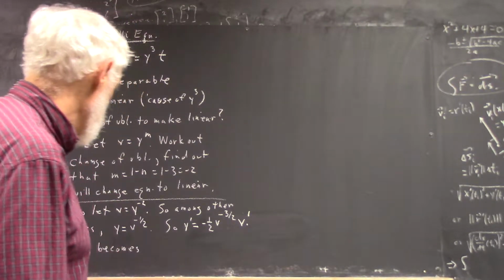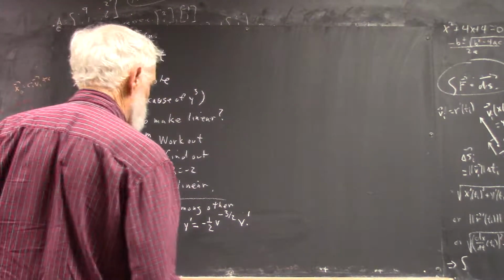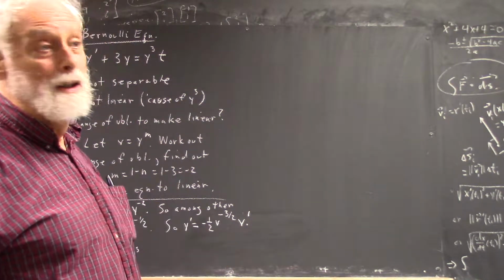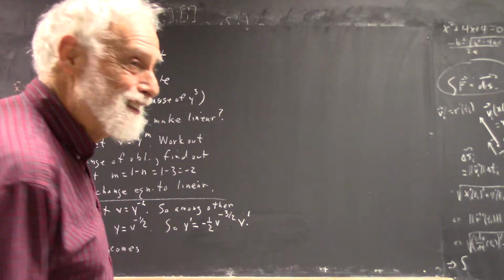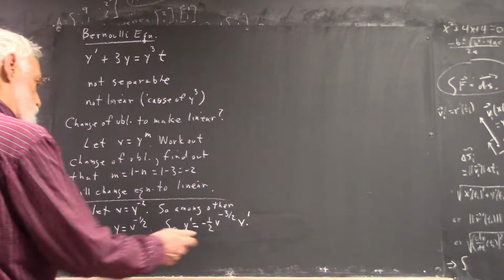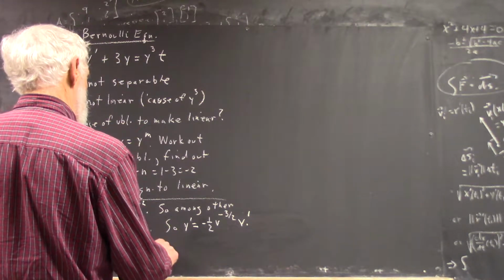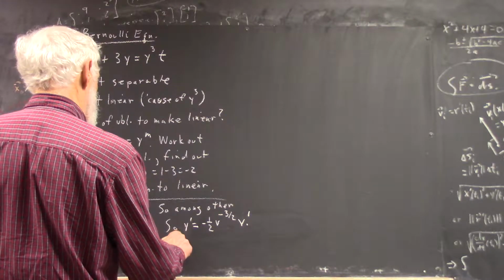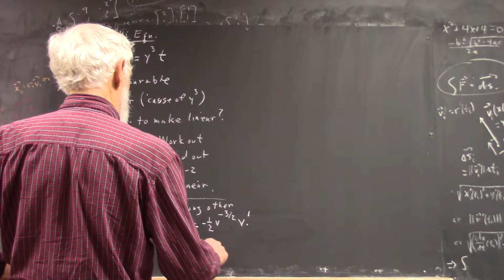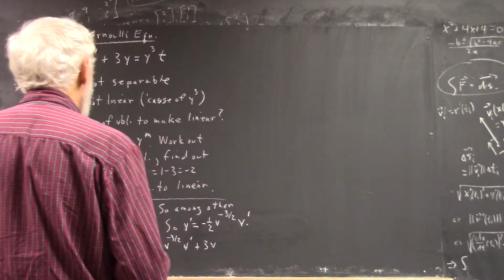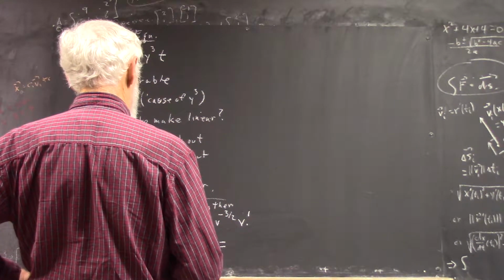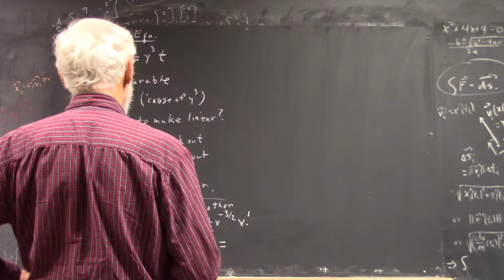I started to write down the equation and neglected to do this, and I was going to get an equation with no derivative, which kind of tipped me off, and probably would tip you off if you did the same thing. So we have negative 1/2 v to the negative 3/2 v prime plus 3v equals y cubed.